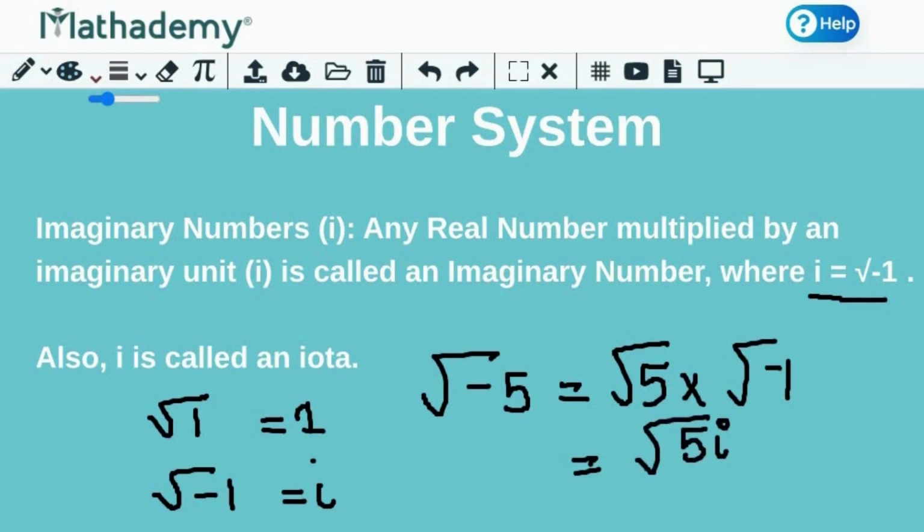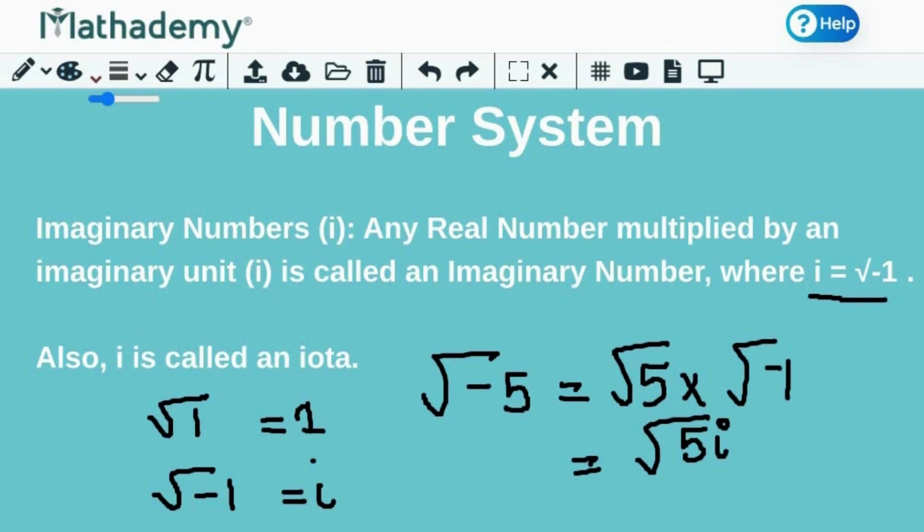So the number now is root 5 multiplied by i, which is an imaginary number. Similarly, all roots of negative numbers that you can imagine are called imaginary numbers.